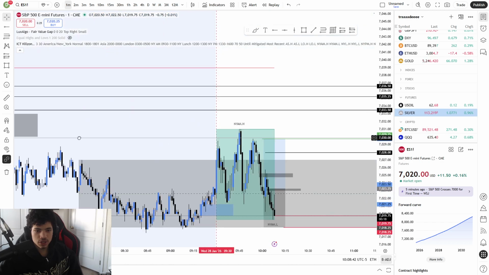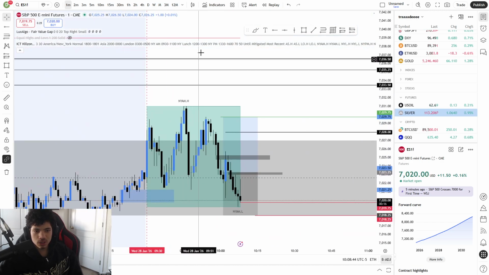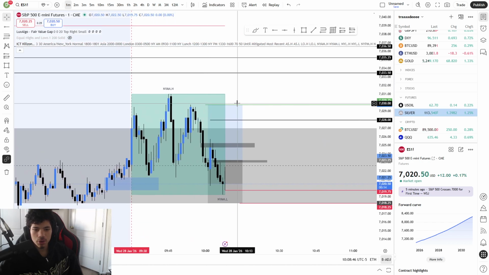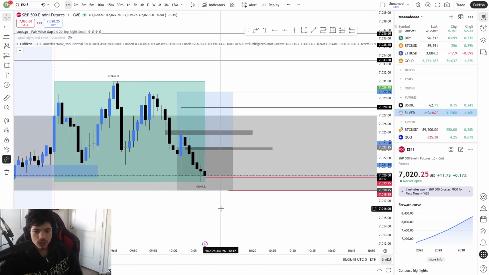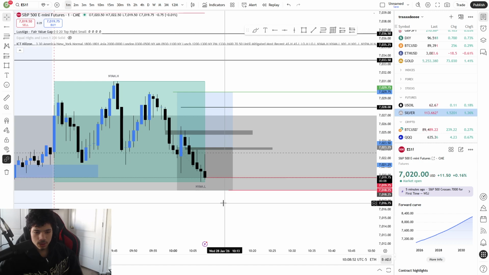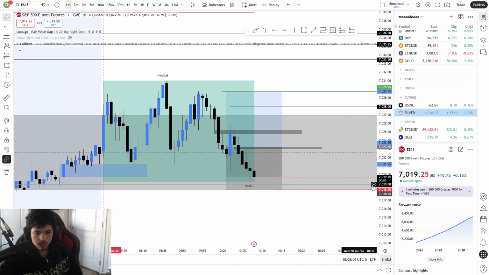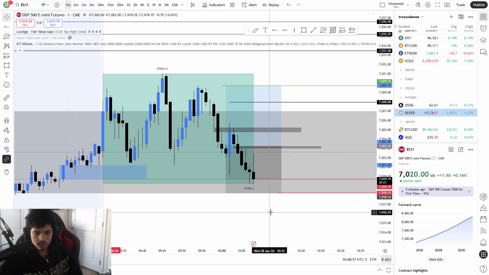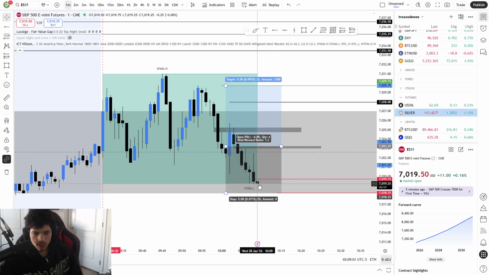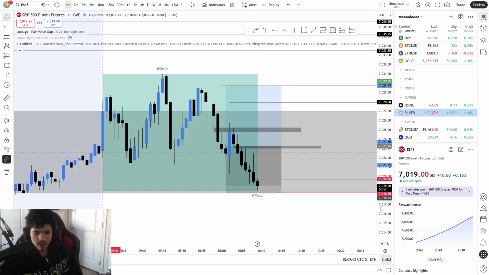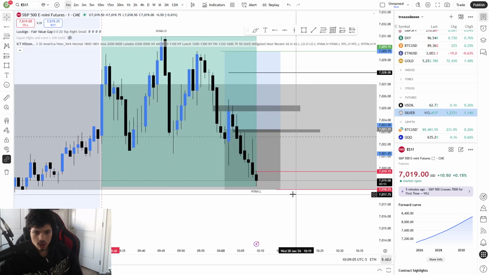There's no reason for me to not believe that this was going to hit full 1 to 3 TP, bro. There was no reason. And we invalidated that gap. And we are cooked.